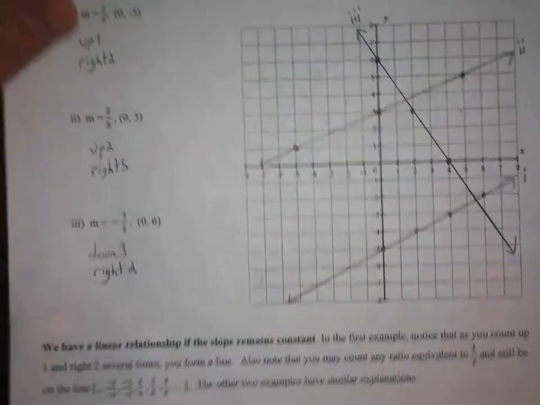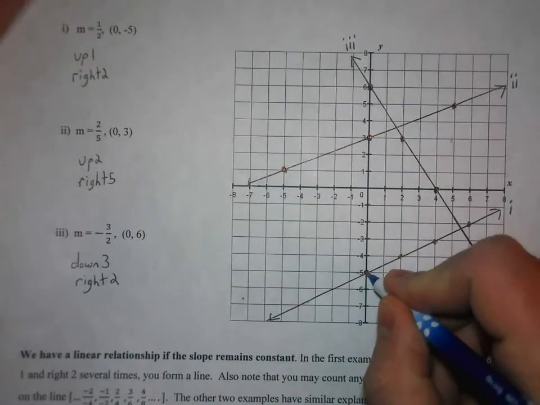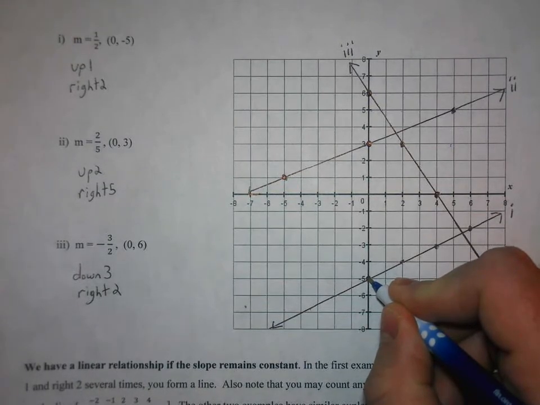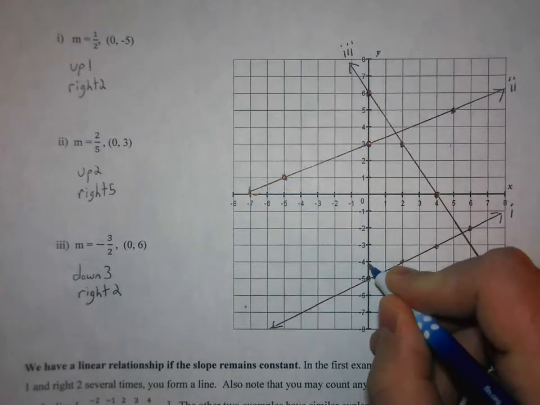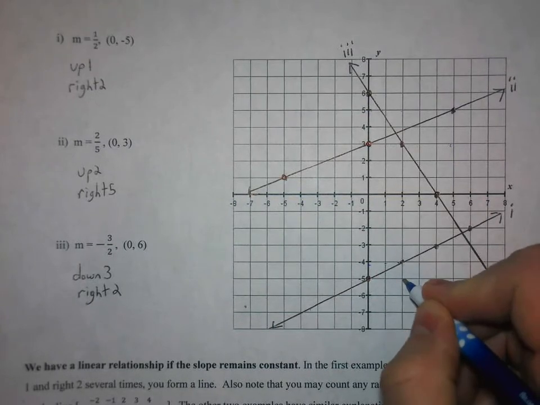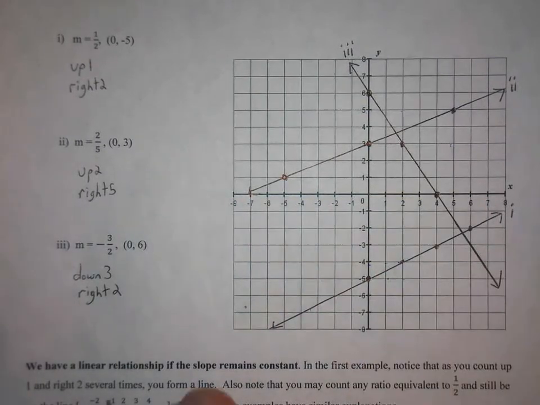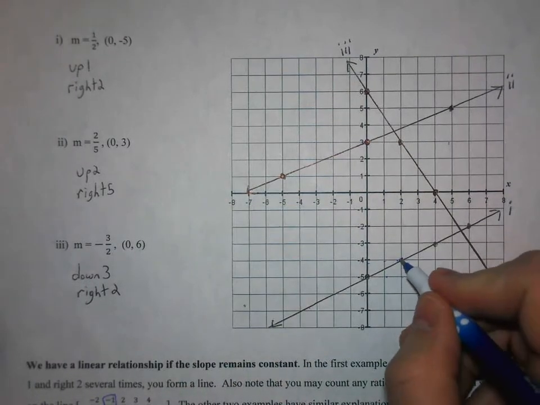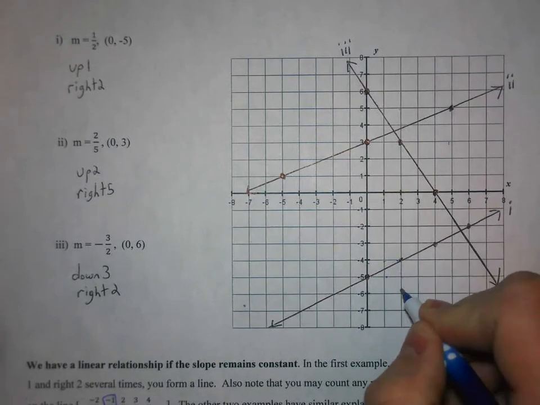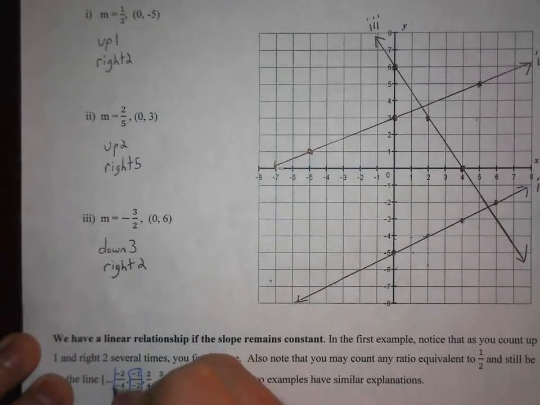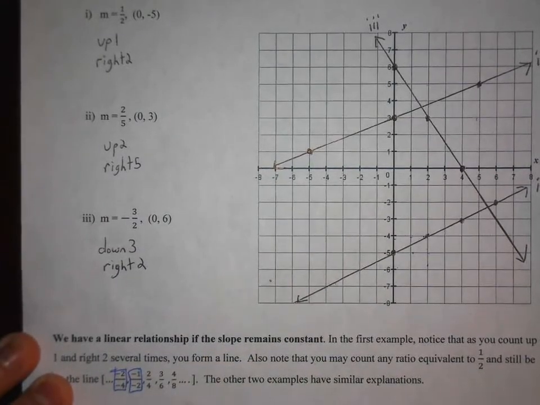Okay, and if I show you that again, we started at (0, -5). And again, what this is telling us is when we count up 1 to the right 2, we could have also gone down 1 to the left 2. That's what this is. If we count down 2 and then to the left 4, that's what -2 over -4 is.